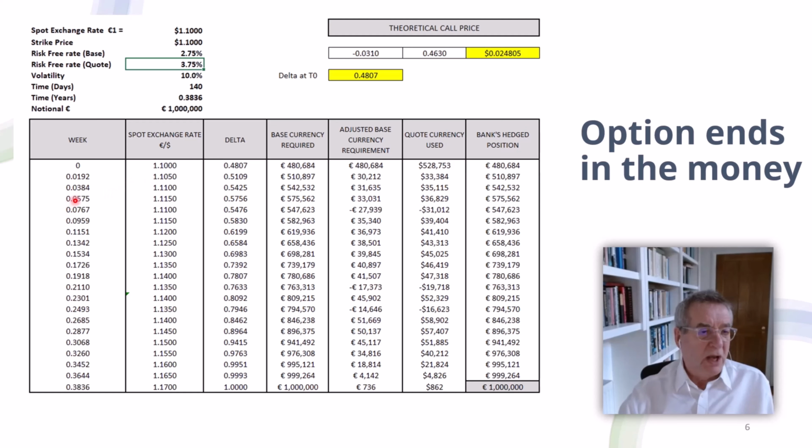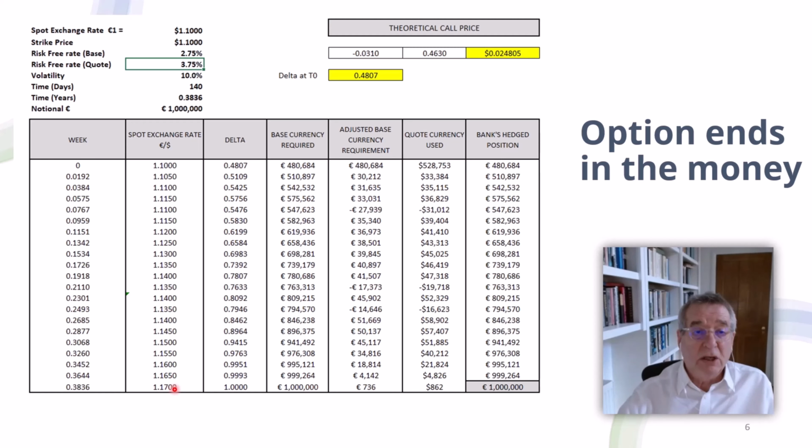So we can work our way down here. We can see once again, there's a slight move up again. Delta's gone up. Bank needs more euros to be delta neutral. And we can see the cost of those in dollar terms. As we work our way down the 20 weeks, we can see at expiration down here, where the exchange rate is $1.17.